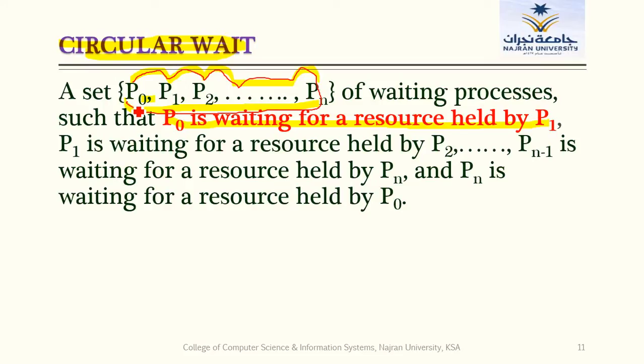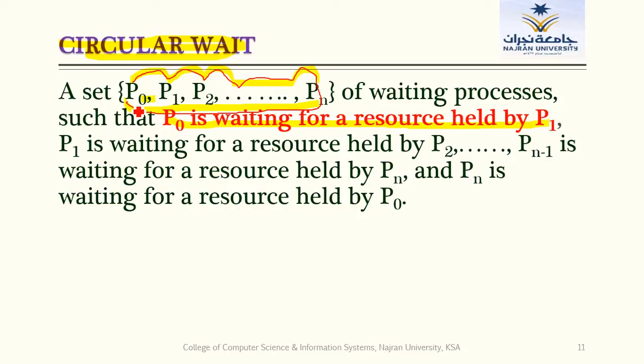P0 is waiting for a resource which is held by P1, P1 is waiting for a resource which is held by P2, and so on. P0 will not release the resource that it currently has until it gets its requested resource, which is held by P1. P1 will not release the resource that it has currently until it gets the resource which is held by P2, and so on. So it is making the circular wait.